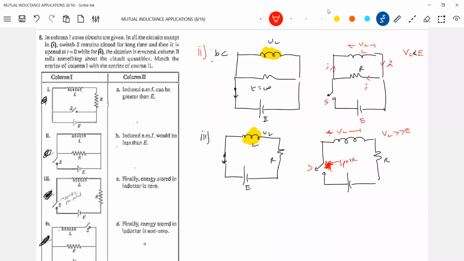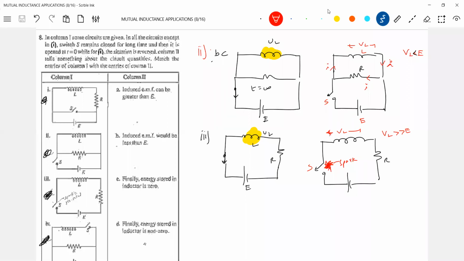Don't think that in every circuit a spark will be generated. For that, this EMF is of 10 volt, here it can be 100, 200, and if breakdown occurs here, then only will a spark be generated. All RL circuits, when you open the switch, may not generate a spark.